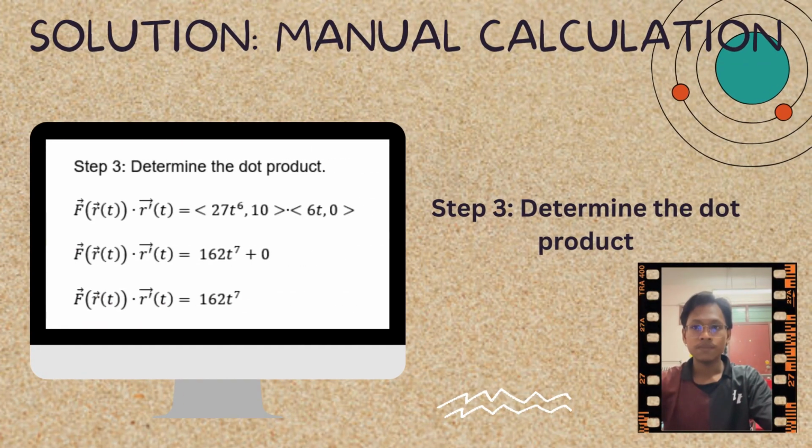For step 3, we determine the dot product of the answers from step 1 and step 2, which is the vector (27t⁶, 10) dot the vector (6t, 0). So we get the final answer, which is 162t⁷.